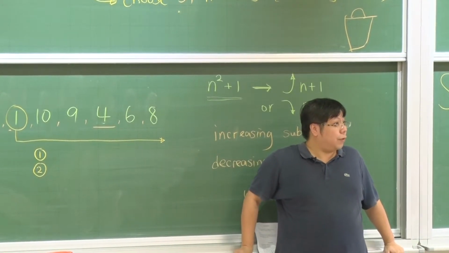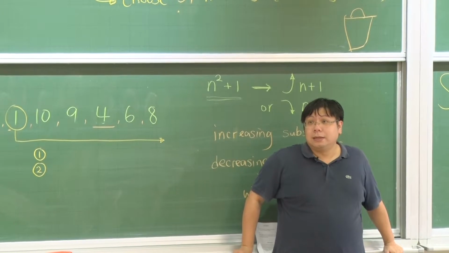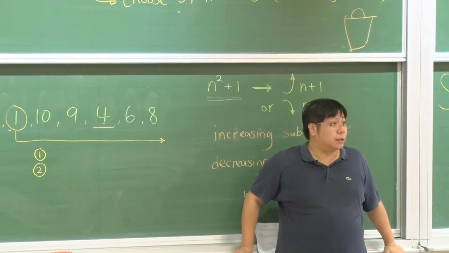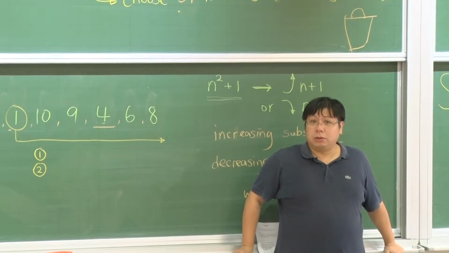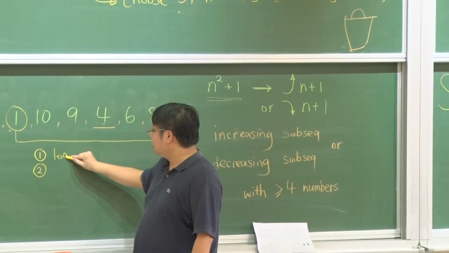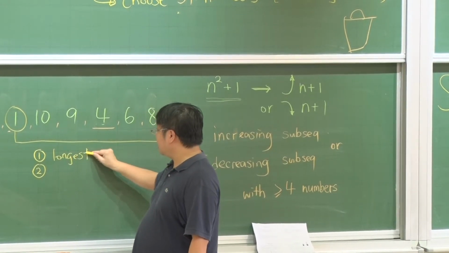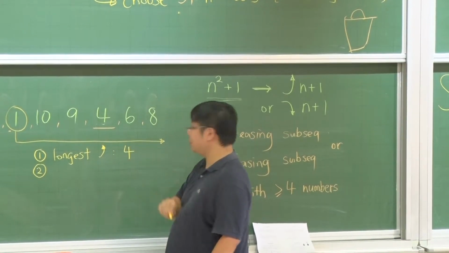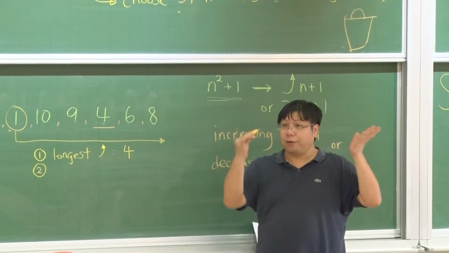So there is a length 4 increasing subsequence. How about length 5? Are there any length 5 increasing subsequences that begin with 1? No, there is none. So for this one, the longest increasing has length 4. Is that okay? The length is 4 numbers.